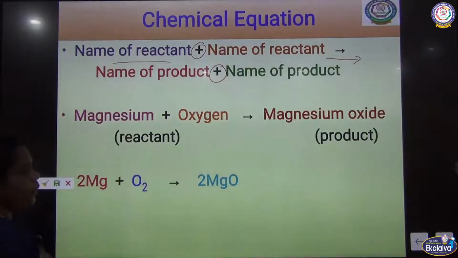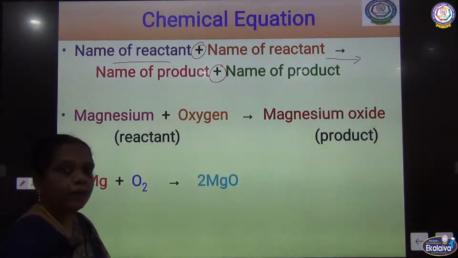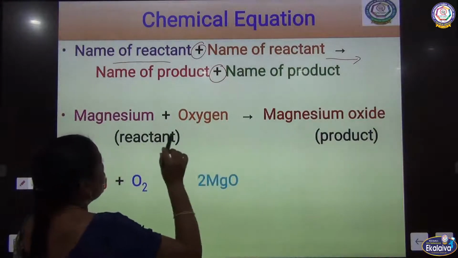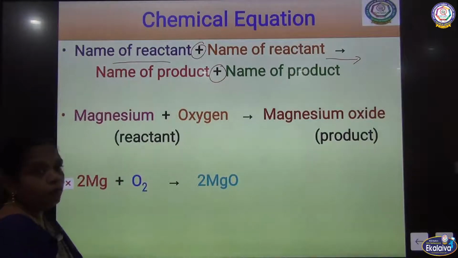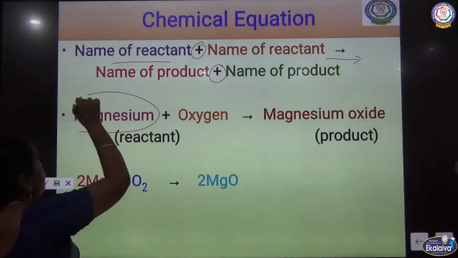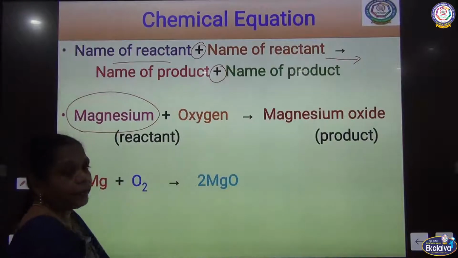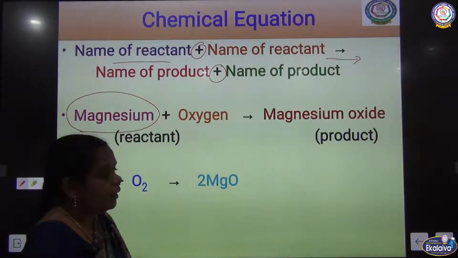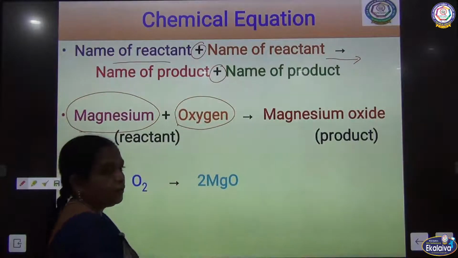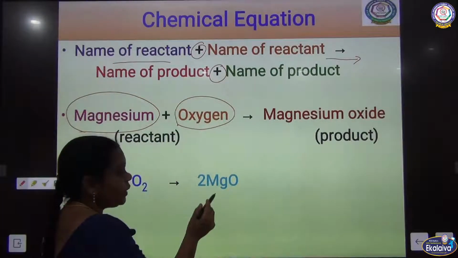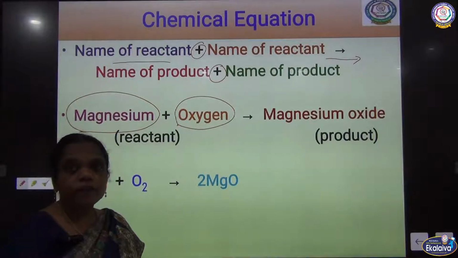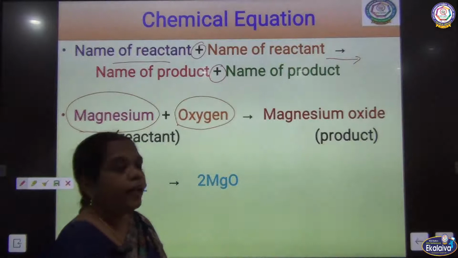For example, here we are going to see the formation of magnesium oxide. So what are the reactants involved here? Magnesium. This is the name of one of the reactants, magnesium. And then oxygen, the name of another reactant. These are present on the left side of the equation, so they are reactants.